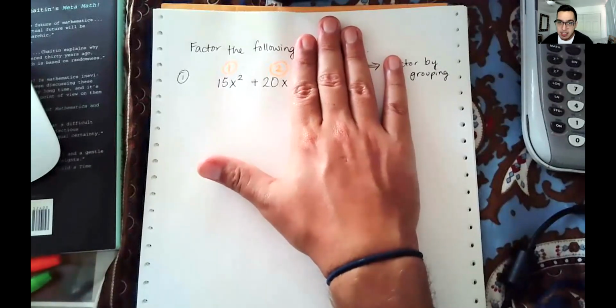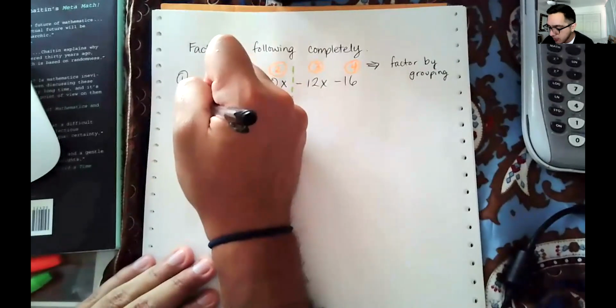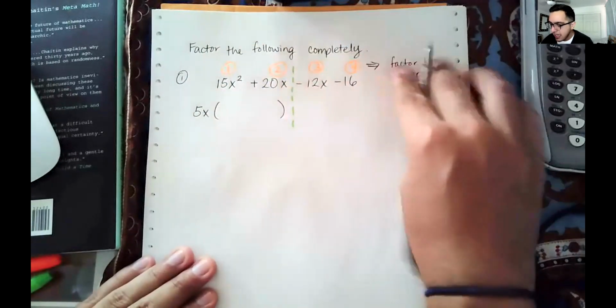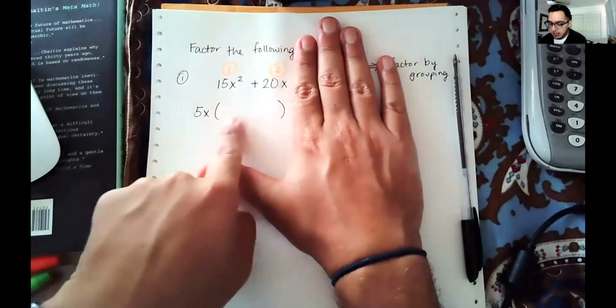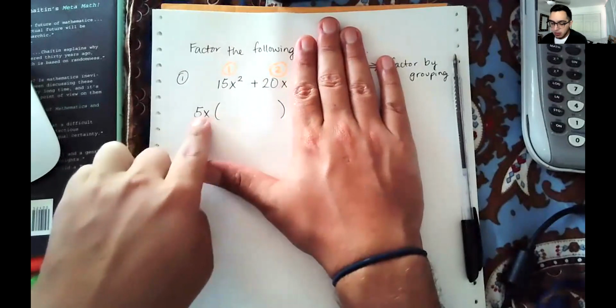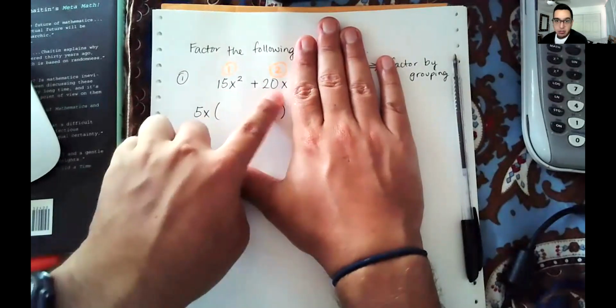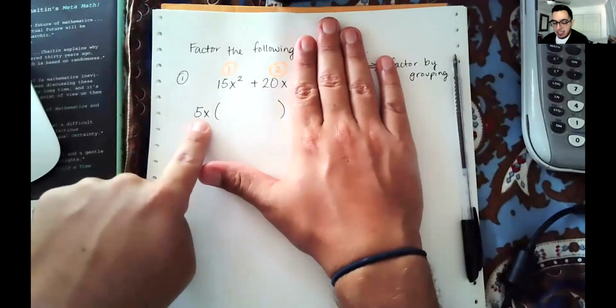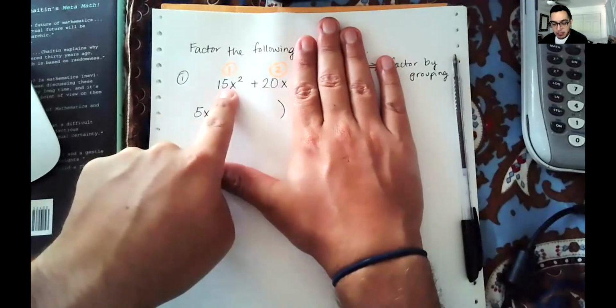So what we're going to want to do is write that greatest common factor, 5x, outside of some parentheses, like so. I need two terms in these parentheses so that when I multiply this out with the 5x, I get my original two terms back. You could think about it like 5x times what will give me 15x squared.